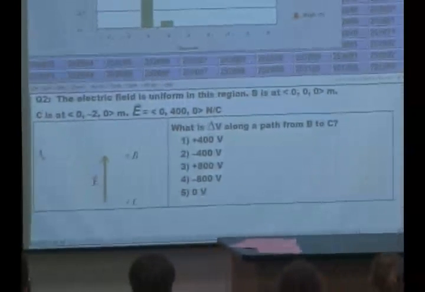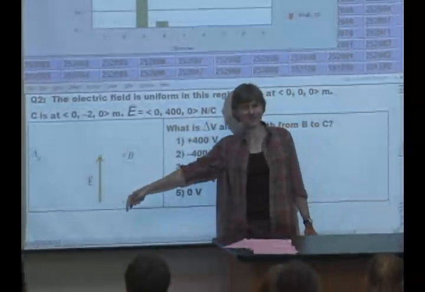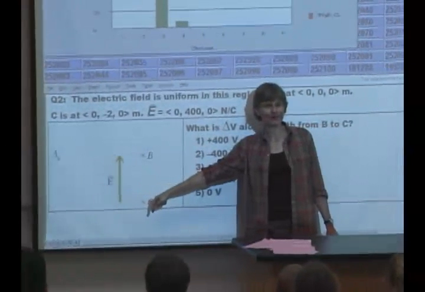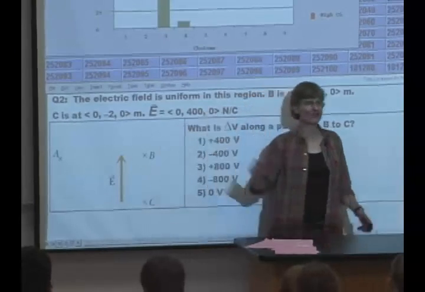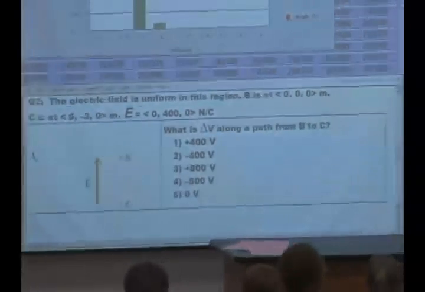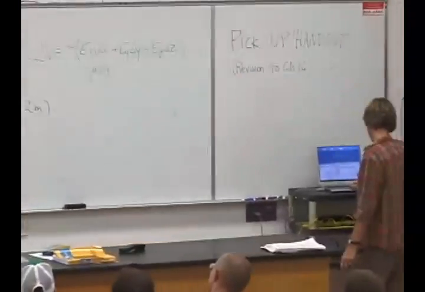So do you notice a pattern here? Actually, notice that when the path goes in the direction opposite to the electric field, the potential is going up. And in the previous one, when the path went in a direction the same as the electric field, the potential was actually going down. Okay, let's try one more.